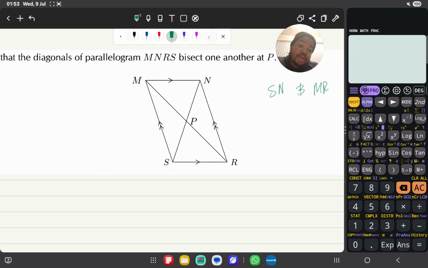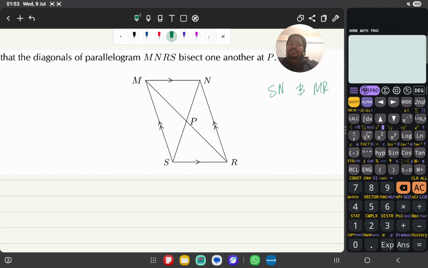We are told that this is a parallelogram, and we can even see it. Why am I saying that? A pair of opposite sides are parallel, another pair of opposite sides are parallel, and on top of that it's a quadrilateral. So it becomes a parallelogram.